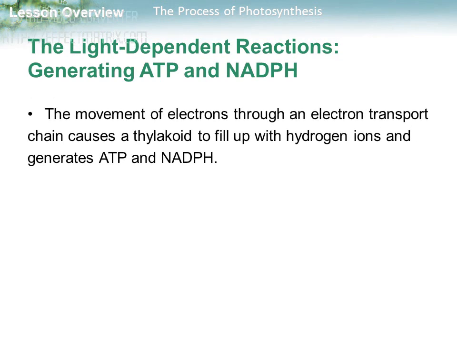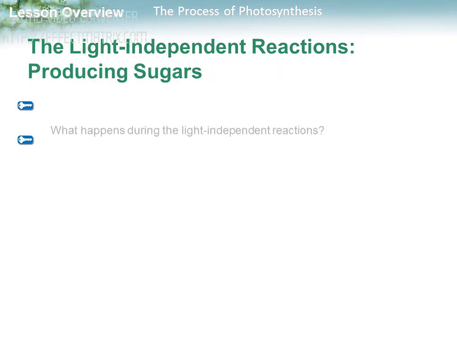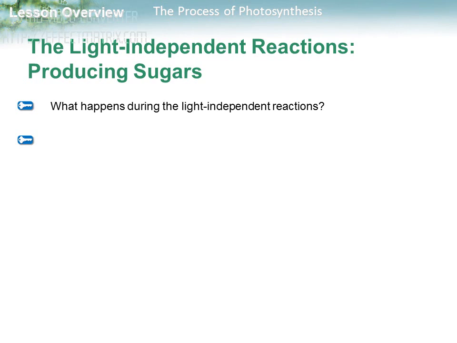The movement of electrons through an electron transport chain causes a thylakoid to fill up with hydrogen ions and generates ATP and NADPH. Another very important term is ATP synthase. ATP synthase is a membrane protein through which excess hydrogen ions escape a thylakoid in a process that makes ATP.